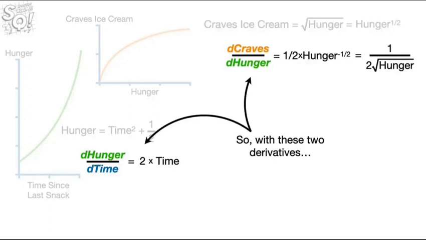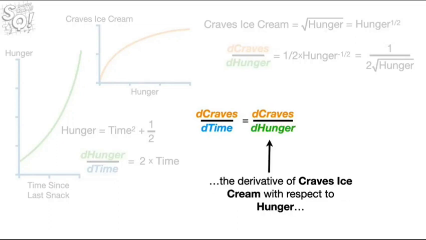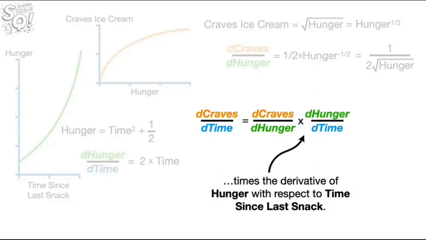So, with these two derivatives, the chain rule tells us that the derivative of craves ice cream with respect to time is the derivative of craves ice cream with respect to hunger times the derivative of hunger with respect to time since last snack.